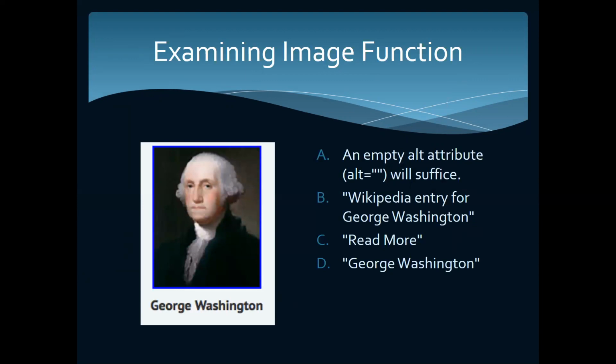In this case, there's no adjacent text within the link that describes the function, so it must be presented within the alt attribute. Possible choices here: A, an empty alt attribute; B, "Wikipedia entry for George Washington," so that's describing where the link is pointing to; C, "read more"; or D, "George Washington."